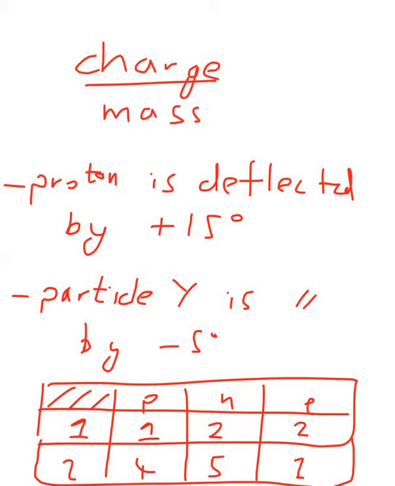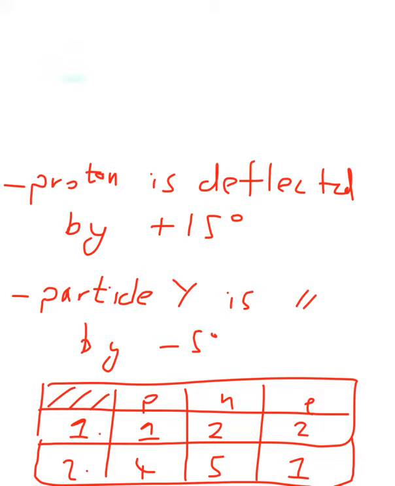So now we have to find which particle, 1 or 2, is particle Y. First we'll find the charge to mass ratio for particle 1. For the charge, it will be 1 minus 2, because proton has a positive charge, so 1 for proton and then minus 2 for the electron.